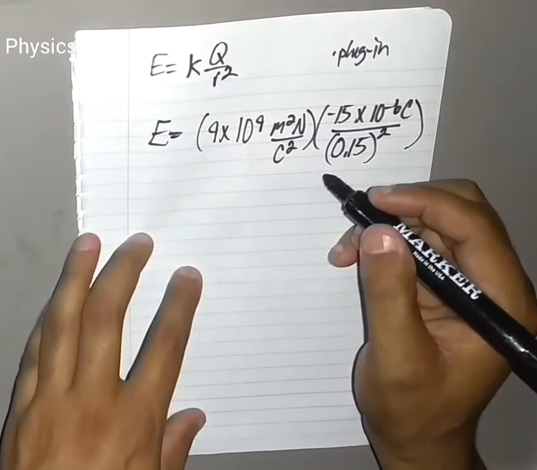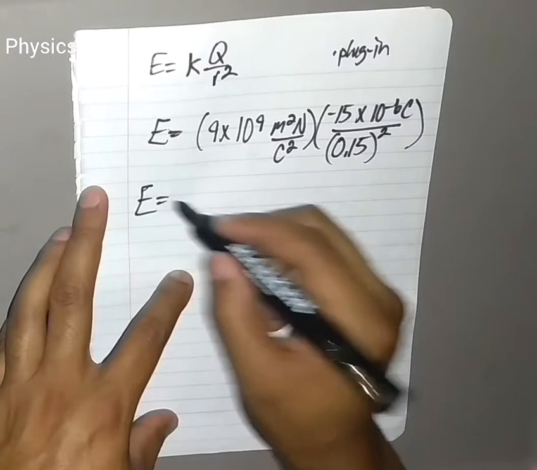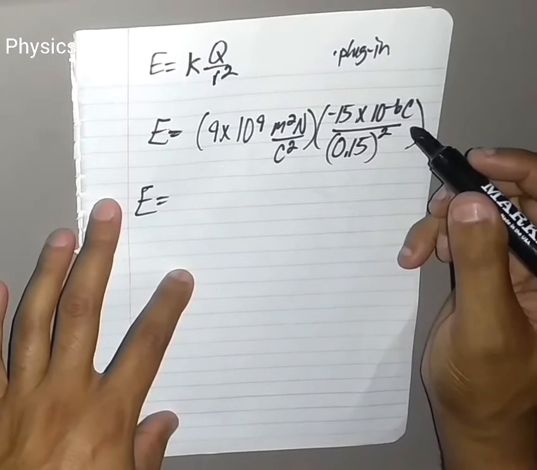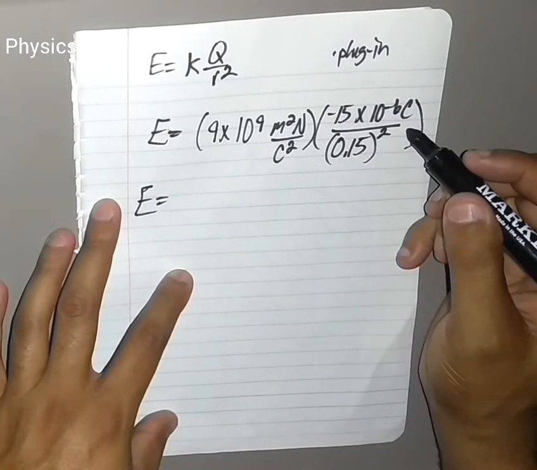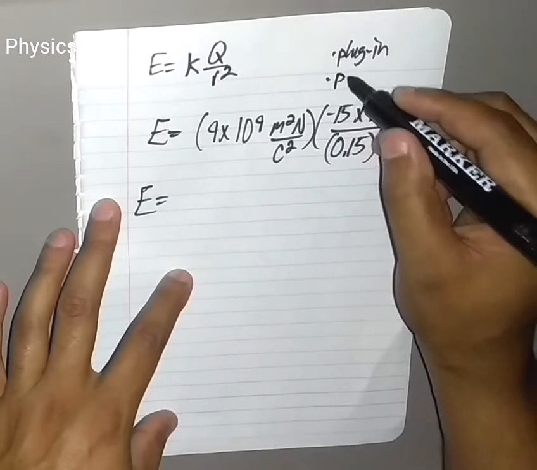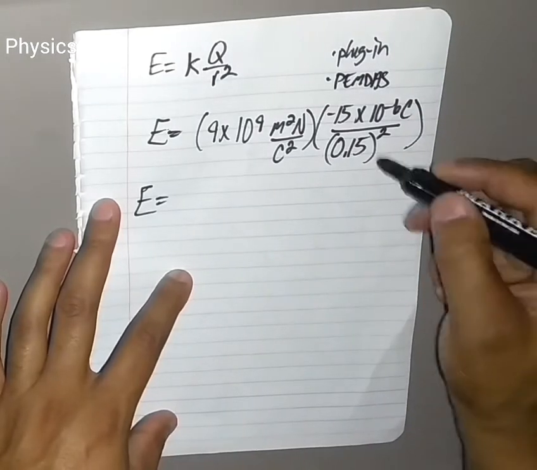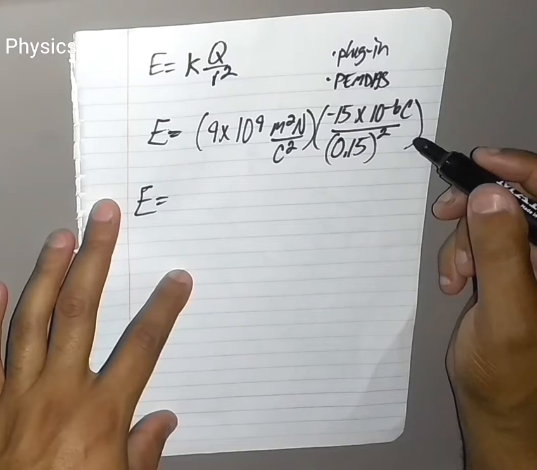Close our parentheses. Now we're going to multiply out. Bring down our E equals. We're going to first work on our parentheses according to PEMDAS, and we're going to divide these two first.